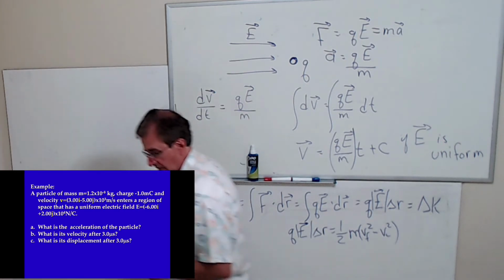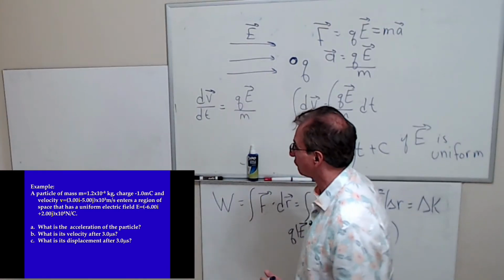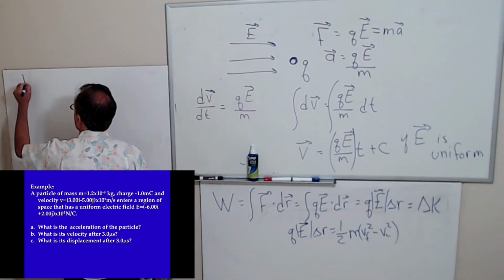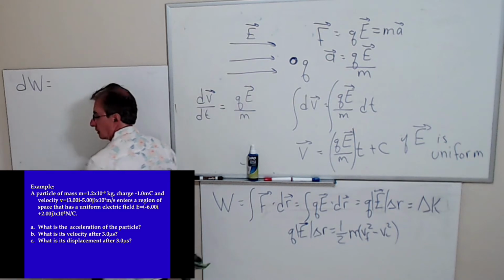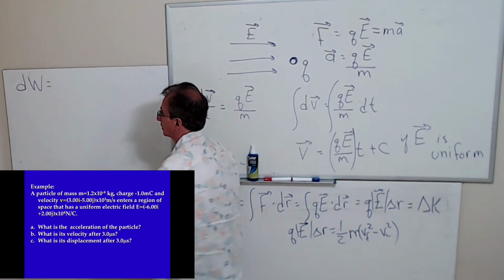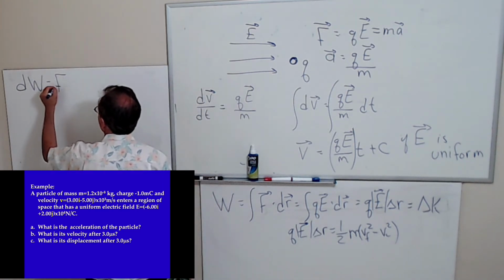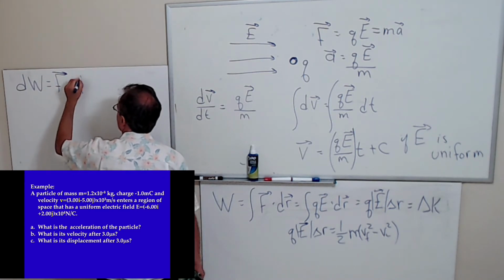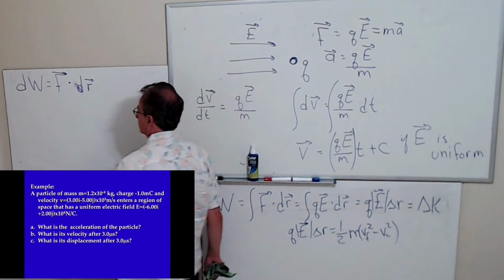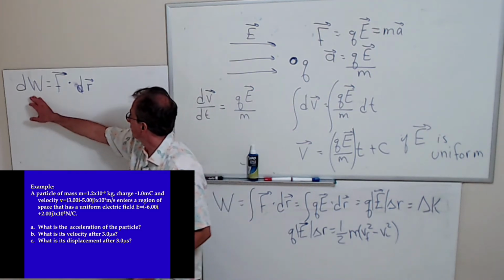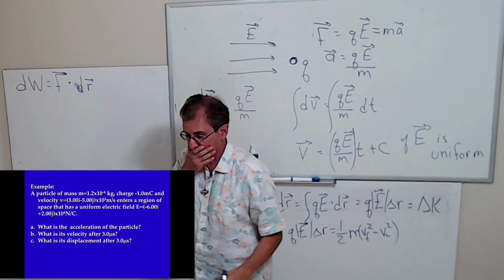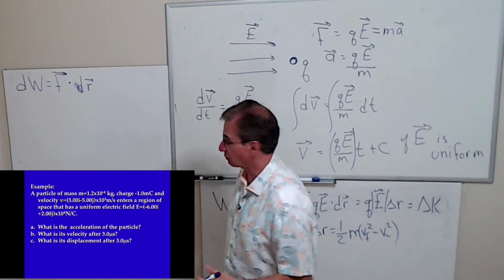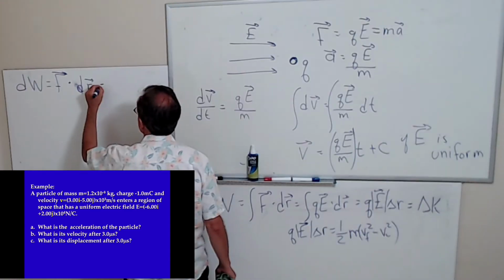So, going back to physics 205, you know that the work done on a particle over a really short distance, dr, is F dot dr. So dW is F dot dr. I can also write it in terms of the velocity at that instant.